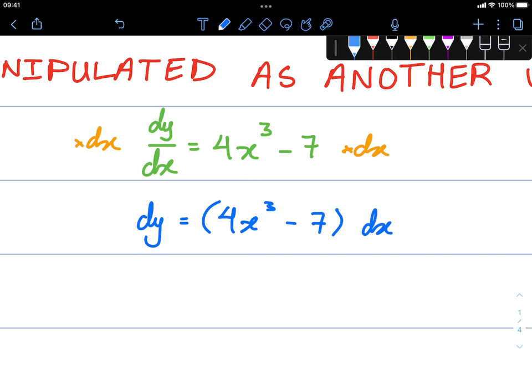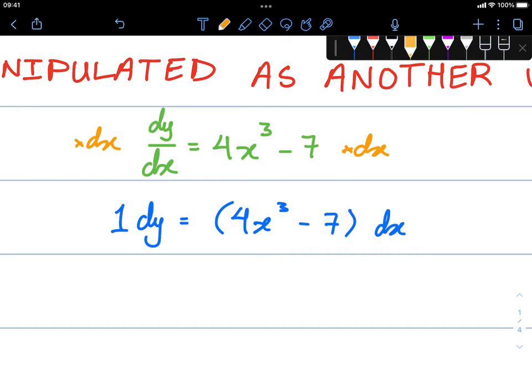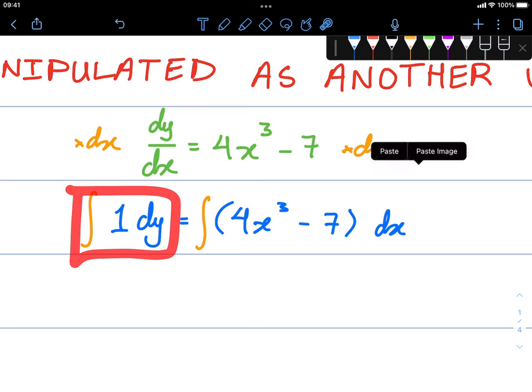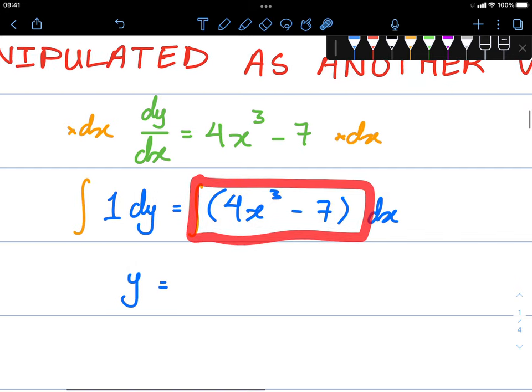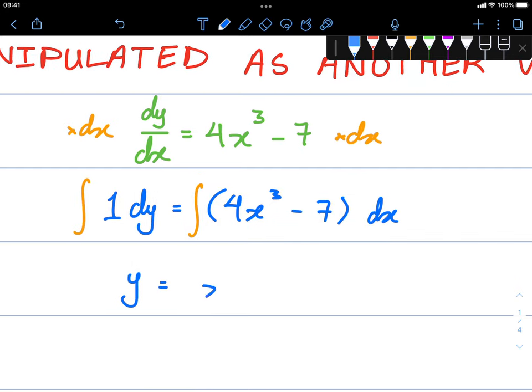This has now a 1 in front of it, and as I stated before, we can integrate both sides like so. When we integrate, 1 dy gives us y is equal to x to the power of 4 minus 7x plus c.